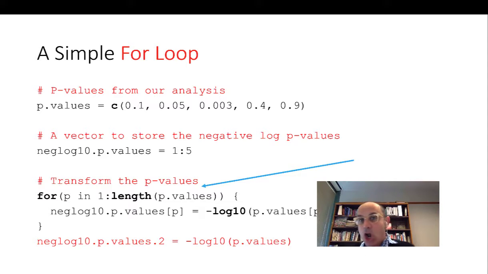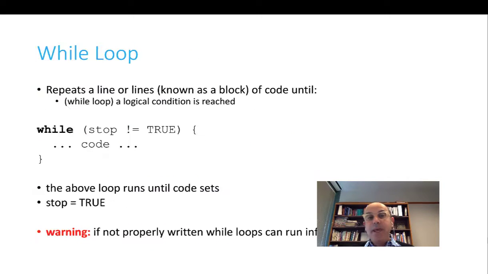So the code that I'm using for the loop is as follows: for p in 1 to length of the p-value, and I'm going to define it by the following line below. And by doing that, I will be able to create a loop that will give me the p-value.